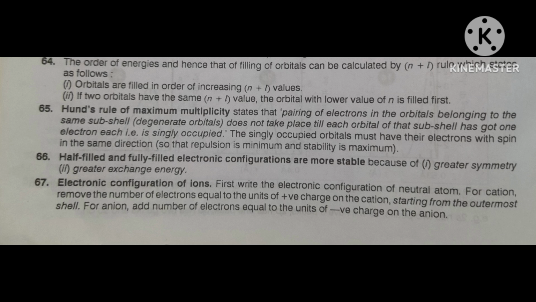For a cation, remove the number of electrons equal to the units of positive charge. If 2 positive, remove 2 electrons, starting from the outermost shell. And for an anion, add the number of electrons equal to the units of negative charge on the anion.